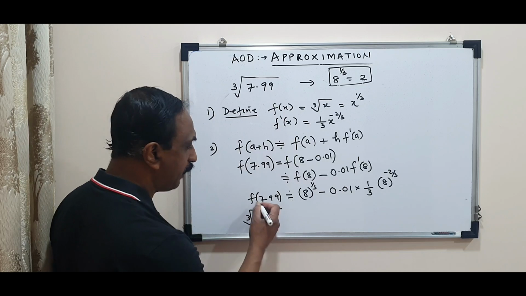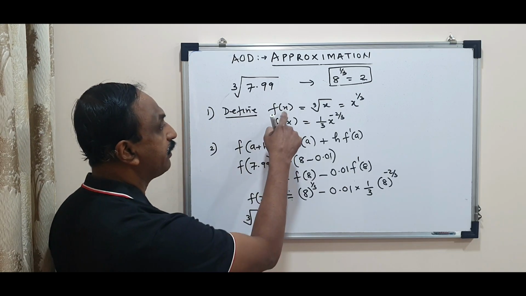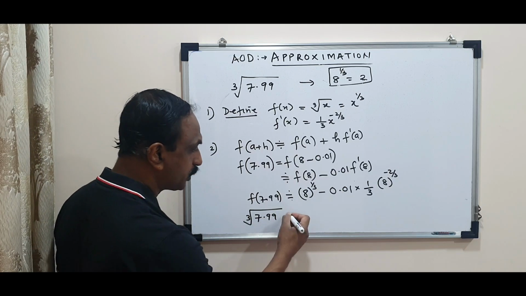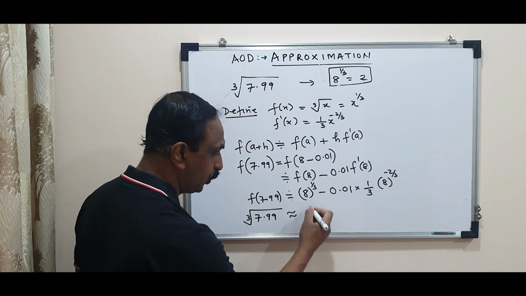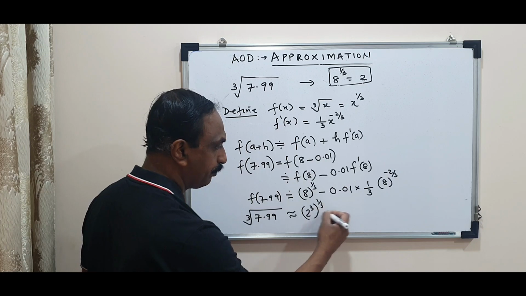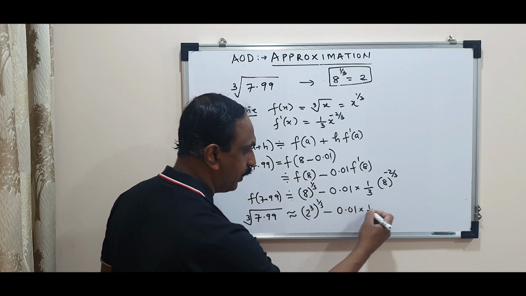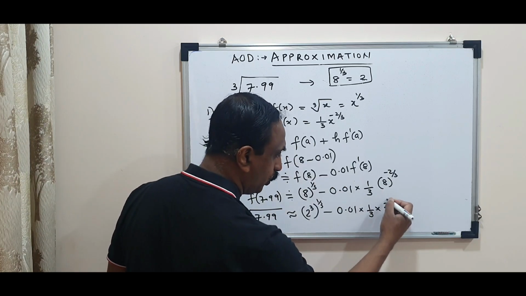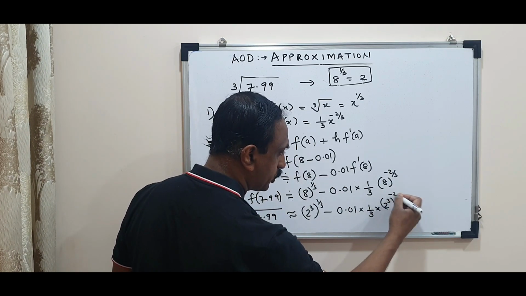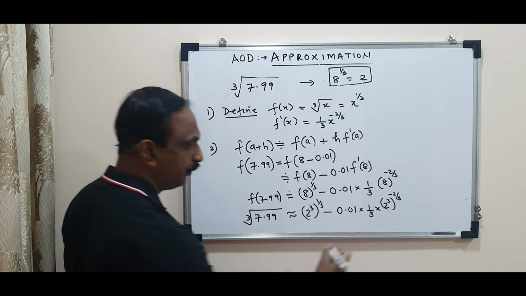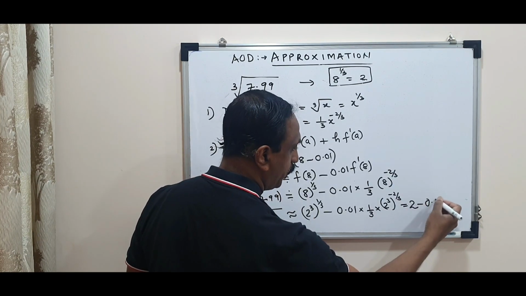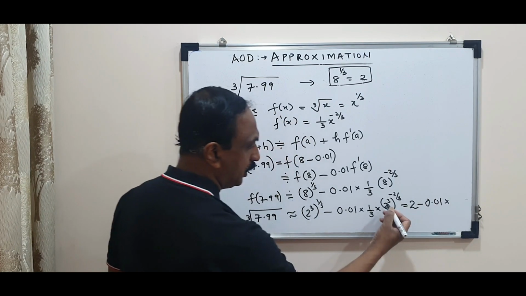So cube root of 7.99 is approximately equal to 2 cube raised to 1 by 3 minus 0.01 into 1 by 3 into 2 cube raised to minus 2 by 3.